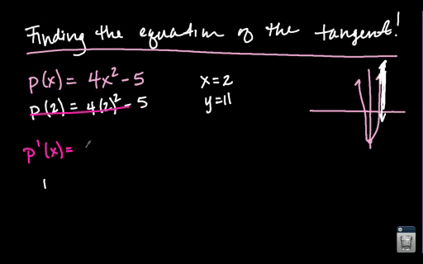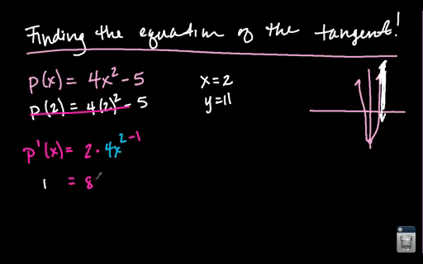The exponent kicks out front, so I end up with 2 times 4x squared, and then I take away 1, so that's the differentiation. And then the minus 5, well, when I differentiate a constant, as we talked about in class today, I end up with 0, so there's nothing there.